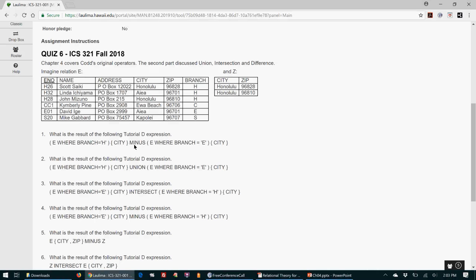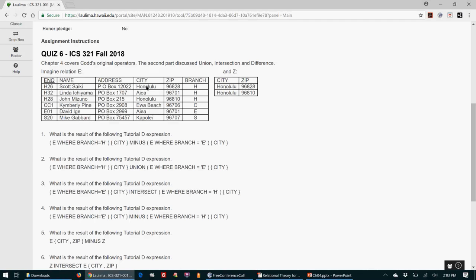Okay, so we're talking about cities. We have a relvar with a bunch of cities in it that are tuples, and then same thing here. And so we take the ones in common and we subtract them out of the first one, and that's the result. The left one is employees where branches H. Yeah, okay, here. So it's the first three.